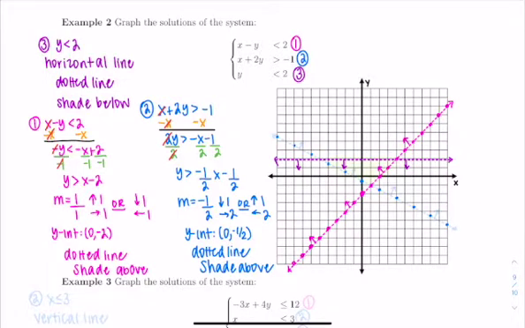This is a dotted line, and we are going to shade above. And so what we want to do is see where all of the arrows are pointing into, which common section. And so it's actually going to be this little triangle that's right in the middle.